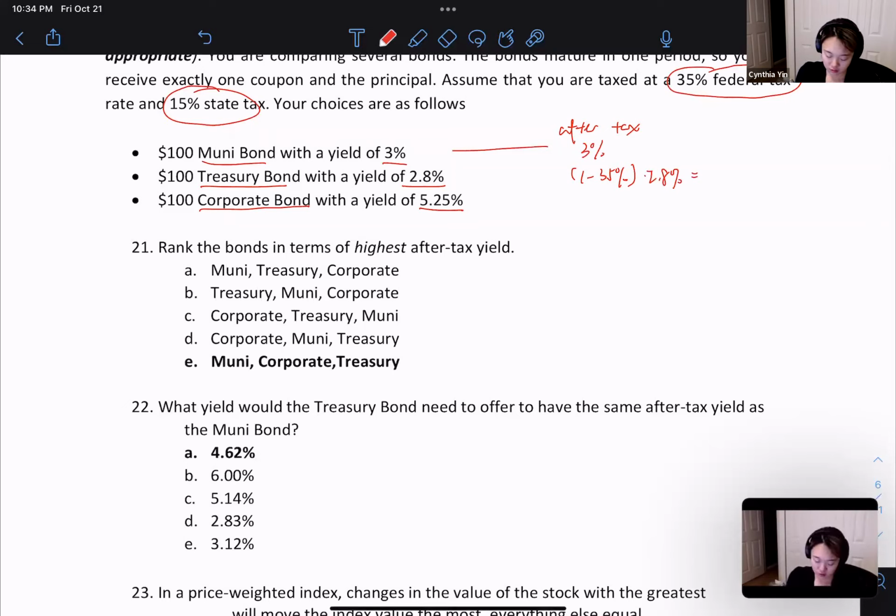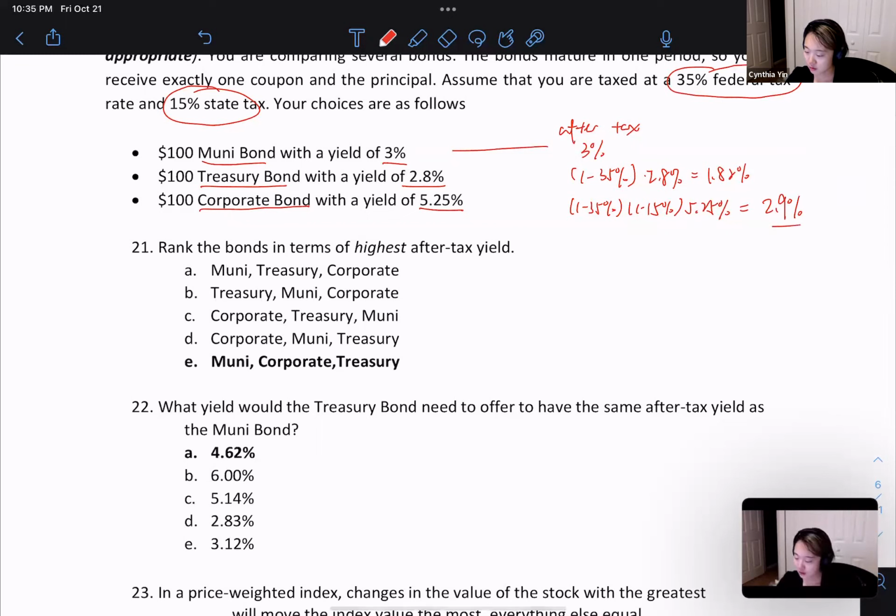And the corporate bond charges both federal and state tax. So the answer is, let me calculate. It's 2.9%. Okay, so this one is slightly lower than muni and higher than treasury. As a result, E is right.